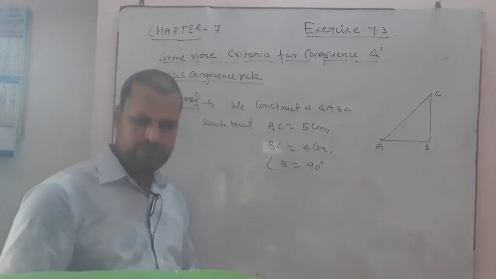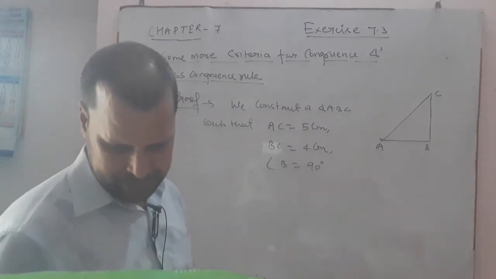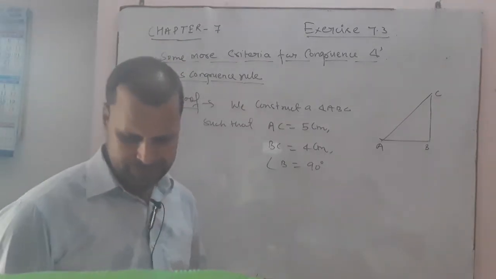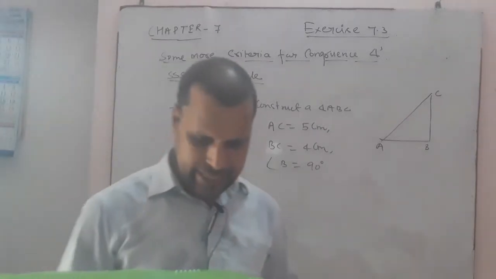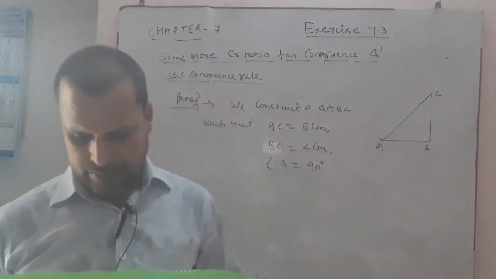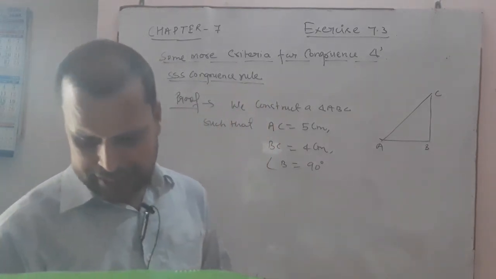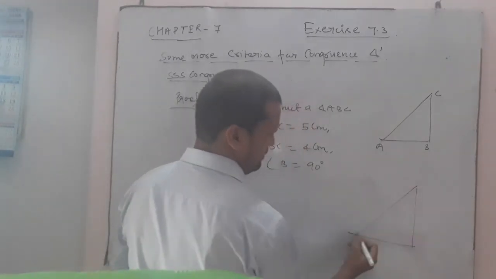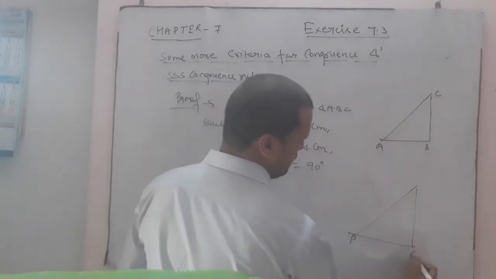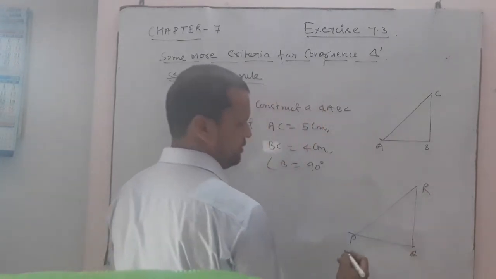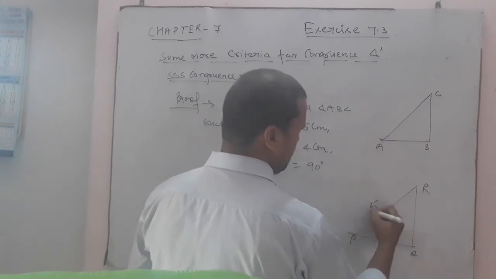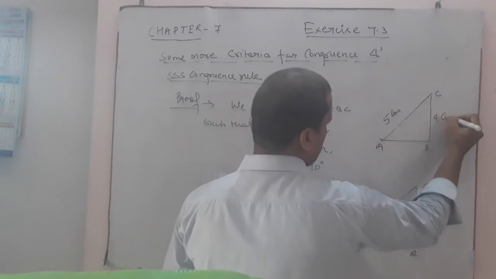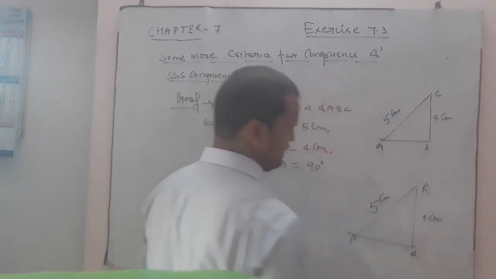And cut them out and place one triangle over the other with equal sides, like this is PQR, and this is also 5 centimeter, it is 4 centimeter, it is also 4 centimeter.